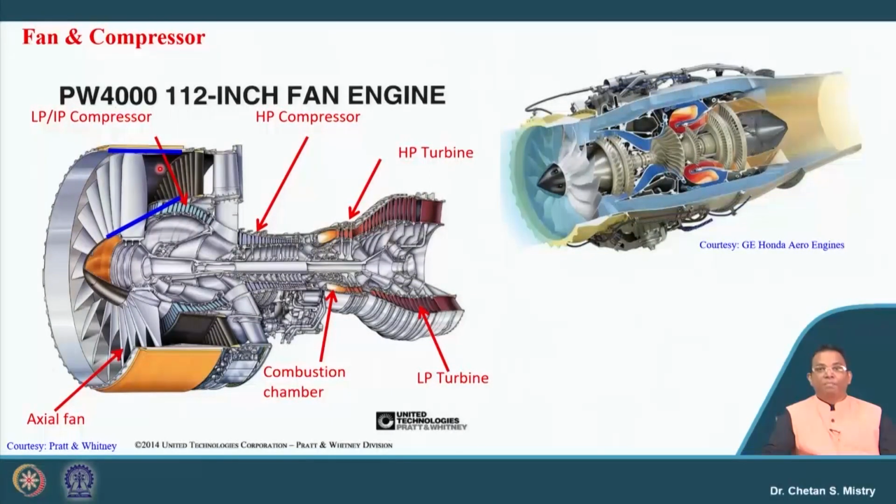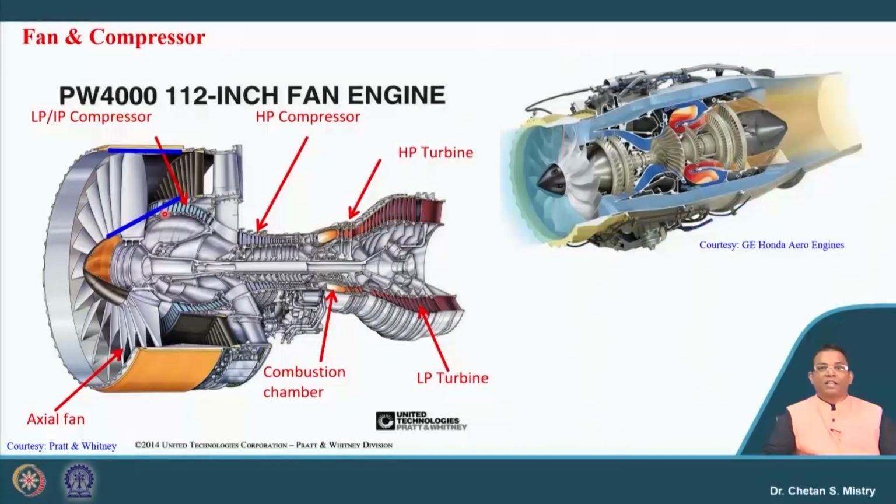Since my exit pressure is larger, we can say my density also will be higher. Now, the continuity equation says my entry mass flow rate and my exit mass flow rate need to be the same. The meaning here is at the entry it is density into area into velocity, and at the exit I will write the same, density into area into velocity.